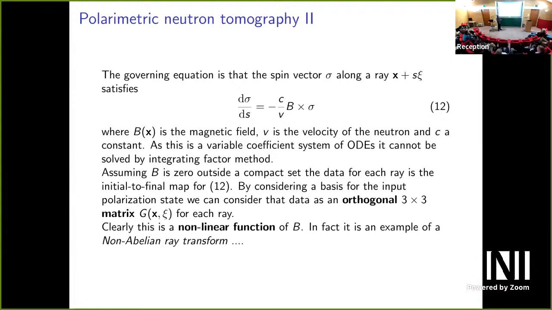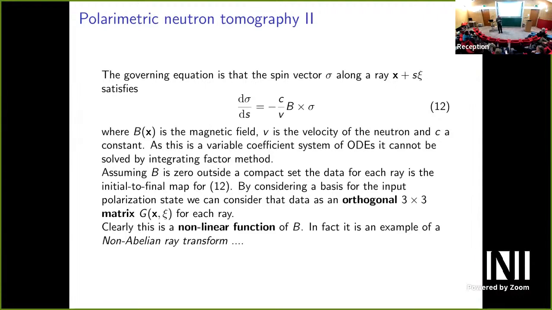The thing that we're measuring is the relationship between the input and the output polarization. Geometrically, we prepare the polarization in some direction when it comes in, and then we measure it when it comes out. Then we change the input and measure the direction of the output. So what we've got is a kind of initial to final map for this differential equation, right? Put in initial data, measure the final state.